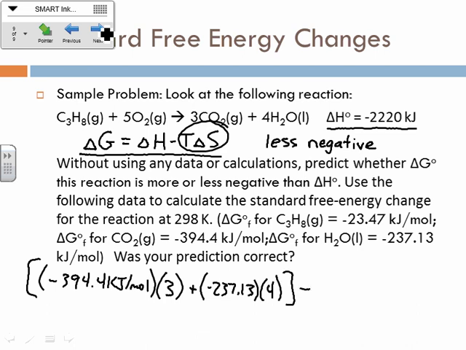And then we're going to subtract the reactants from that. Now, again, the O2 is going to be 0, because that's its standard state. So we don't need the O2, we just need the C3H8. And that is negative 23.47 kilojoules per mole times 1.